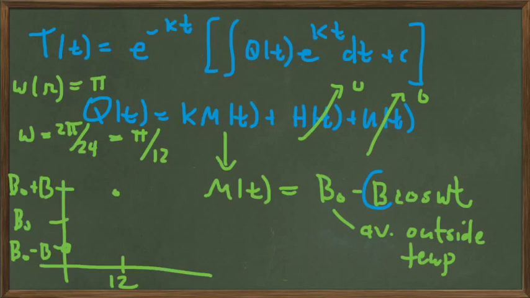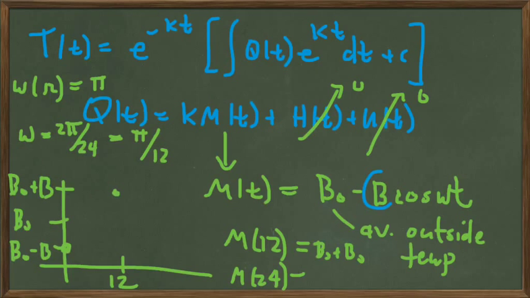And then finally, if we put in m of 24 hours. Actually, I think I wrote something wrong previously. The first thing that we just did there was m of 12, which is the same as plugging in pi, and that was b0 plus b.